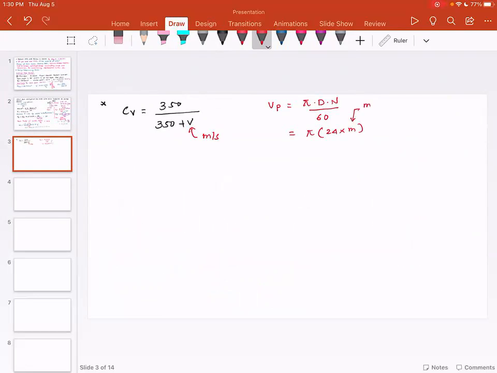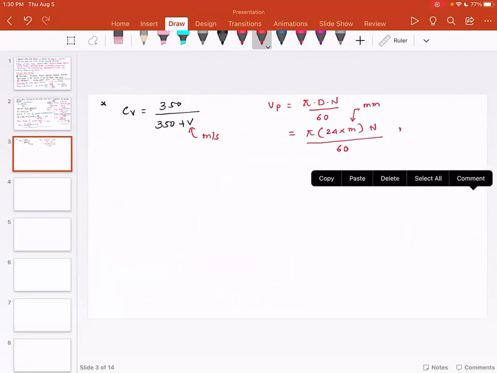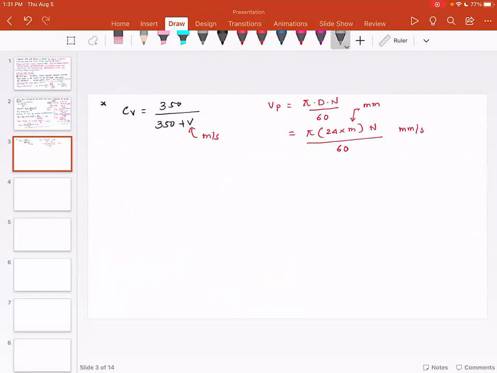I'm using module in millimeter, divided by 60. So what it means, this Vp is going to be in millimeters per second. In other words, I need to find out this 24 times m divided by 1000 times 1800 divided by 60 as Vp. And this value of Vp needs to go in this equation.